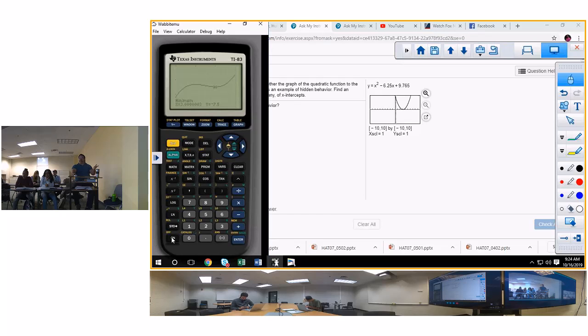This is a calculator drill. So y is equal to, and I'm going to type in 1 over 1. I'm saving typing time. I'm just going through and changing x squared minus 6.25, and I'm going to change that to parentheses, second insert, parentheses, and take that x squared out.